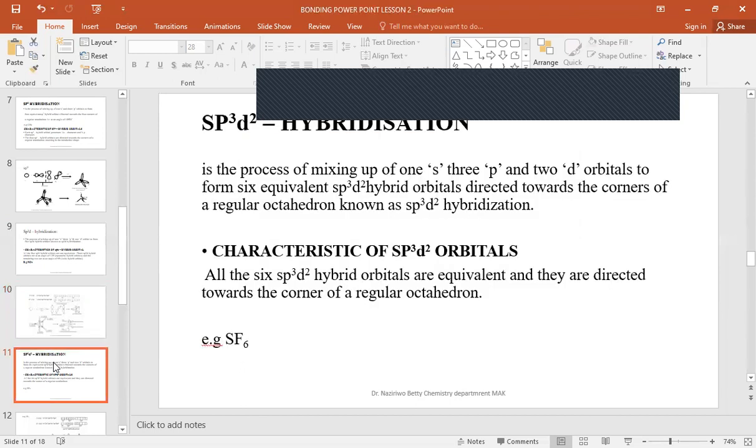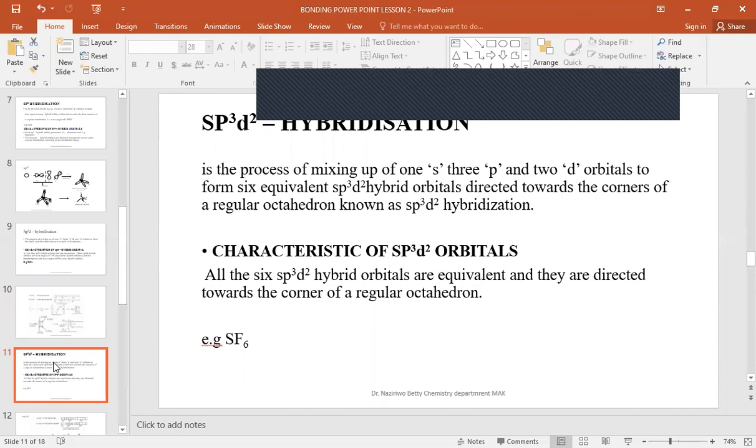sp3d2 hybridization. This is the process of mixing up one s, three p, and two d orbitals to form six equivalent sp3d2 hybrid orbitals directed towards the corners of a regular octahedron.